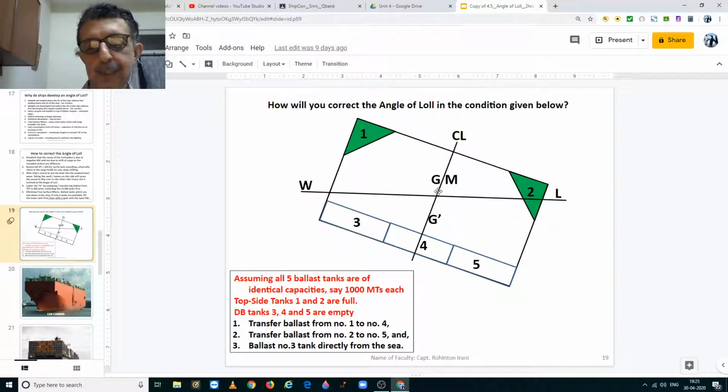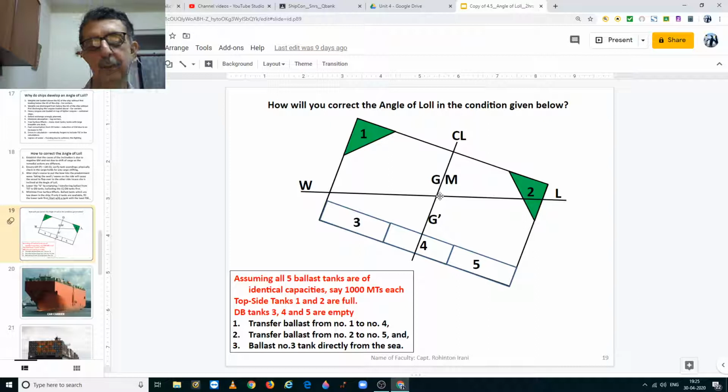So once again, the G which had come down will move up marginally and reduce the metacentric height. Once this is completely empty and this is completely full, the center of gravity, which was somewhere around here, will move still further down, thereby giving you a higher positive GM, higher metacentric height.